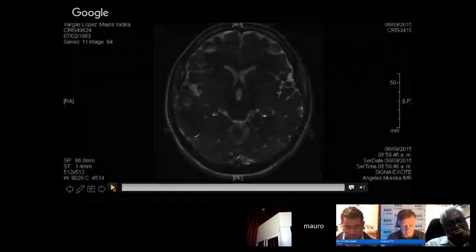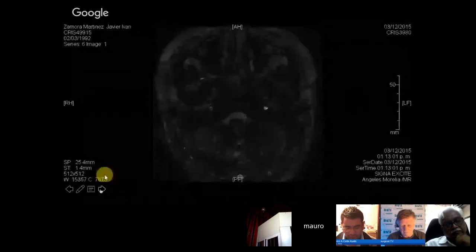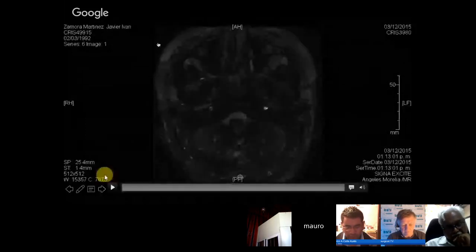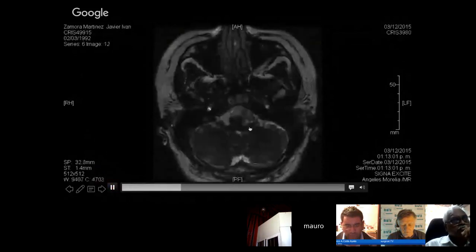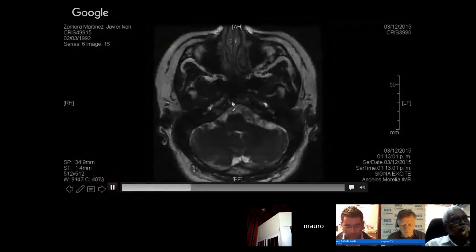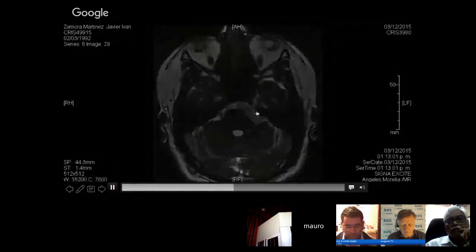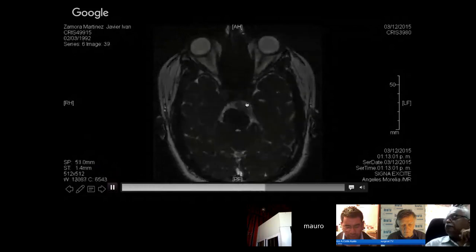I would like to introduce another example. Well, you can see this is another case, but it's very similar. You can see it's a little bit smaller.